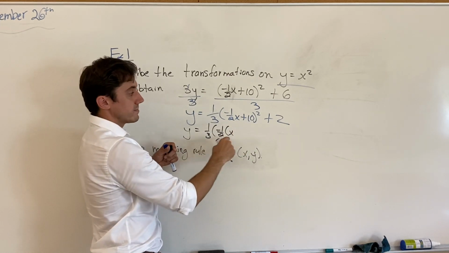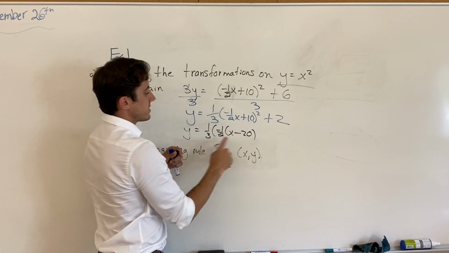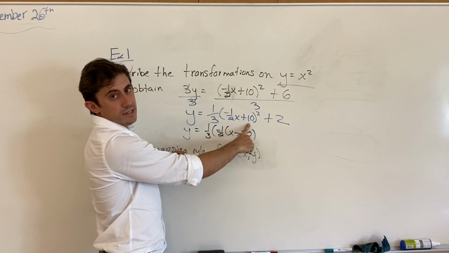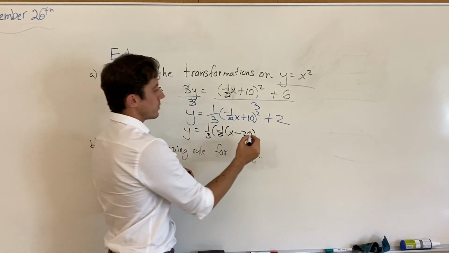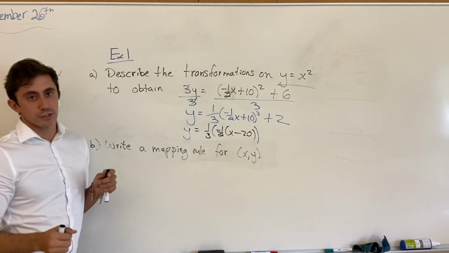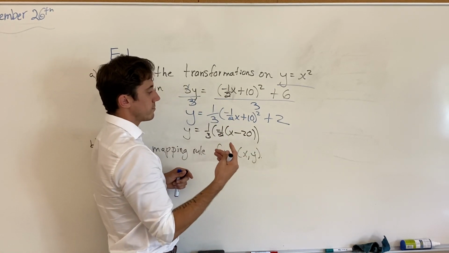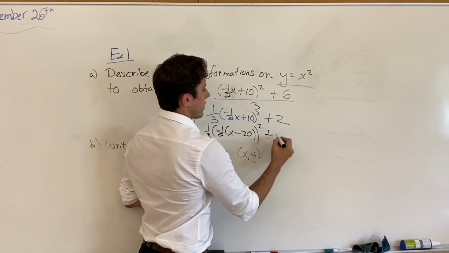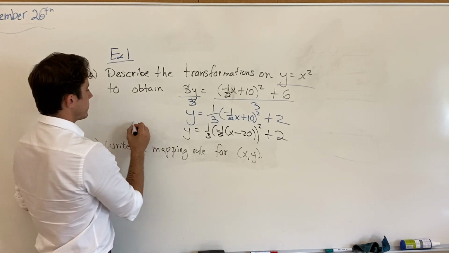Negative 1 half times negative 20, right? Because negative 1 half times that negative 20 would bring back the plus 10 if we were to multiply that through, okay? But we won't, because we want this to be in transformational form so that we can easily read off the horizontal translation and the horizontal stretch. Okay, so let's go ahead and finish that off. Now we have this in transformational form.